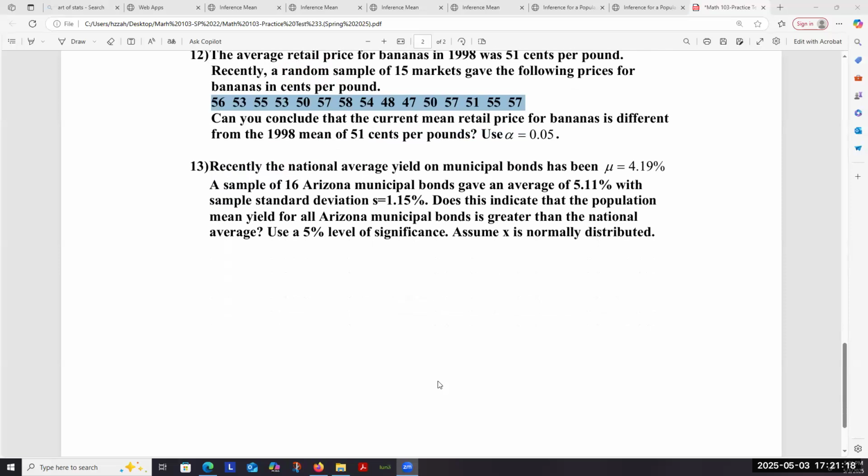Recently, the national average yield on municipal bonds has been, the mean is 4.19%. So that is a claim. Okay, that's a national thing. A sample of 16 Arizona bonds gave an average of 5.11% with the sample standard deviation of 1.50. So what we investigate, we pick 16 of the Arizona bonds and we find the average is 5.11.